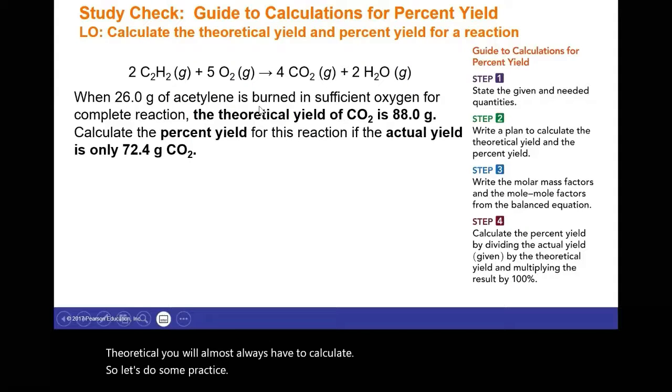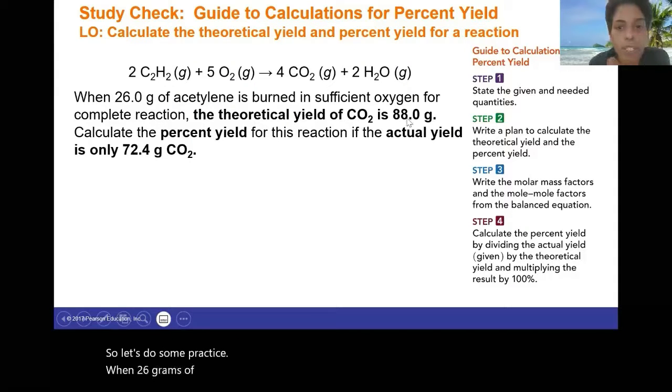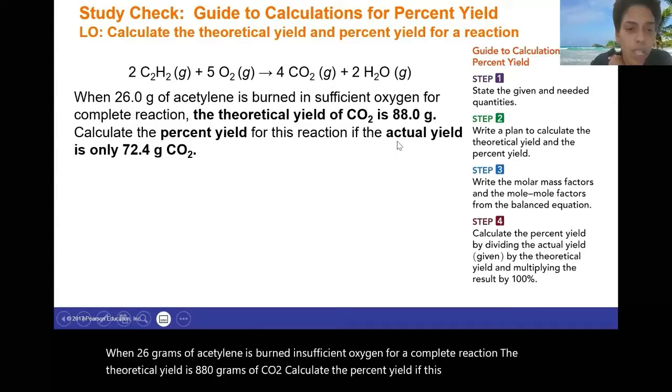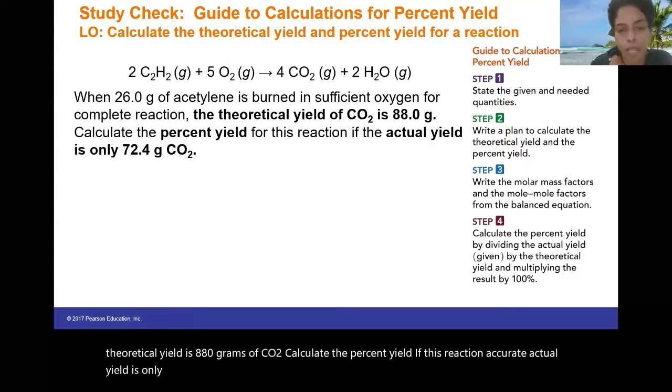When 26 grams of acetylene is burned in sufficient oxygen for a complete reaction, the theoretical yield is 88.0 grams of CO2. Calculate the percent yield if this reaction's actual yield is only 72.4.